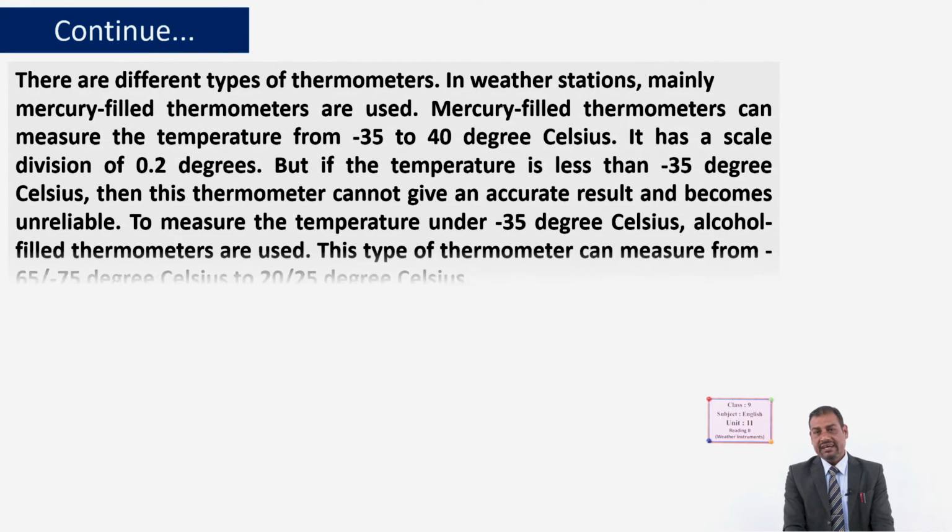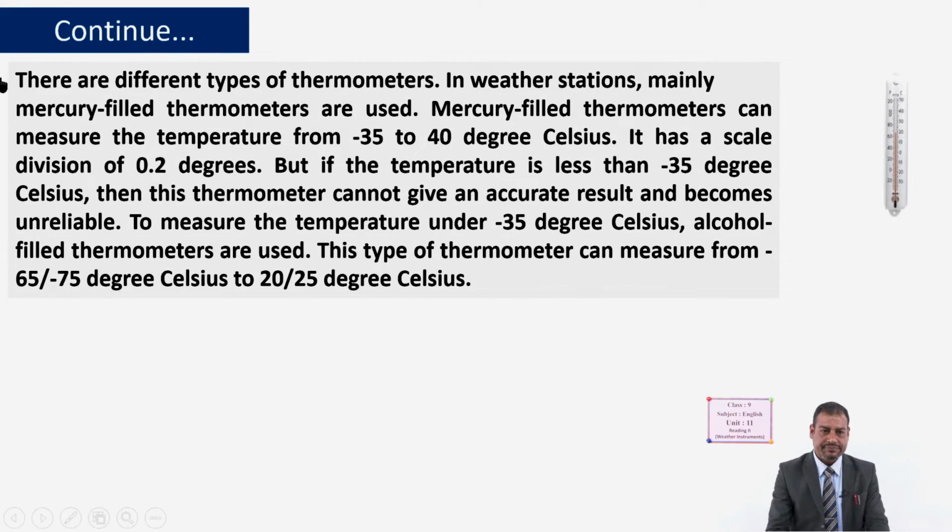Now again another paragraph we have. There are different types of thermometers in weather stations. Mainly mercury filled thermometers are used. Mercury filled thermometers can measure the temperature from -35 to 40 degrees Celsius. It has a scale division of 0.2 degrees.